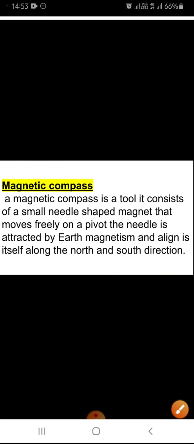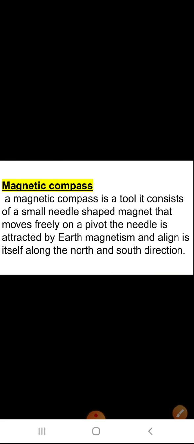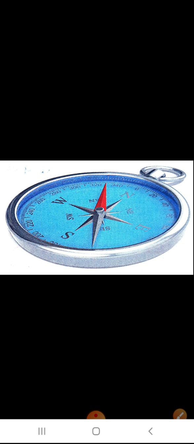After this, the magnetic compass. As we have studied, a magnetic compass is an instrument to find direction, and inside it there is a magnetic needle that stands on a pivot in the center. This needle is always aligned towards the north direction. In the compass, directions are also written: north, east, west and south, as you can see in the diagram.